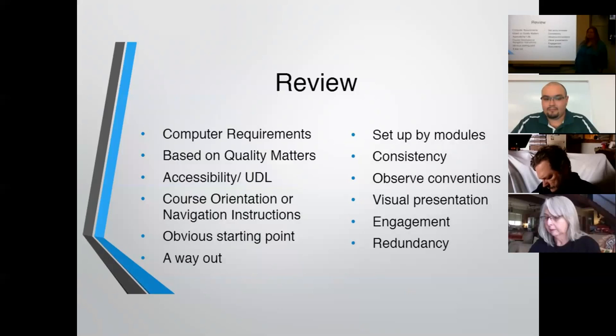That you use a standards-based rubric maybe for design, like Quality Matters, to help ensure that your material lines up nicely and is accessible for students. To remember accessibility requirements of students who might show up in your course, using universal design for learning standards helps us think about that.